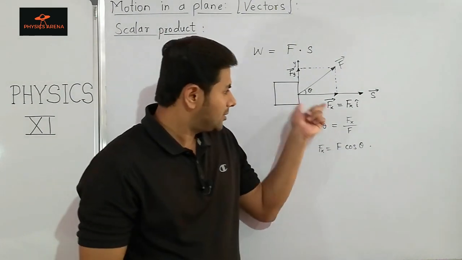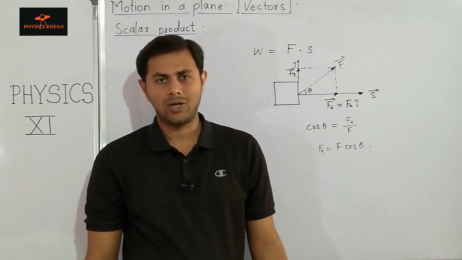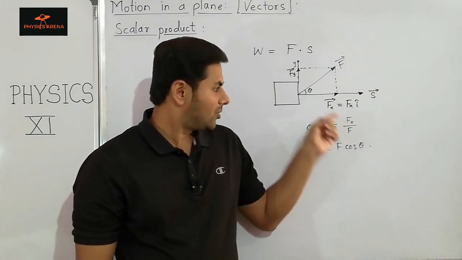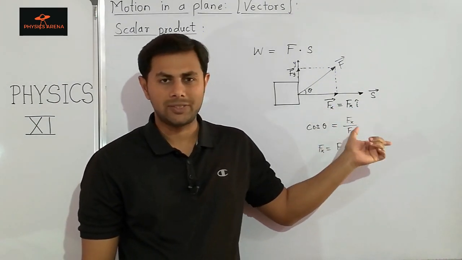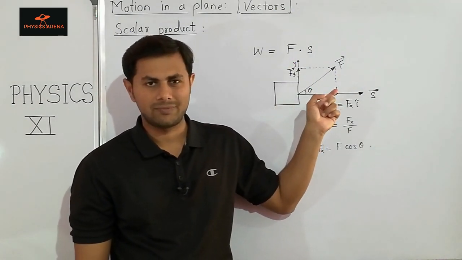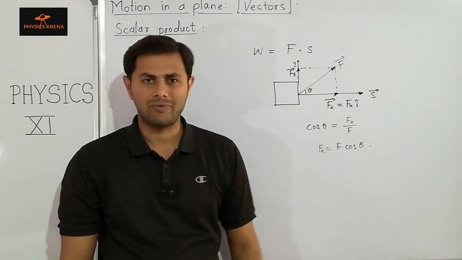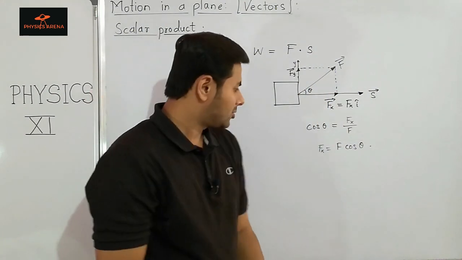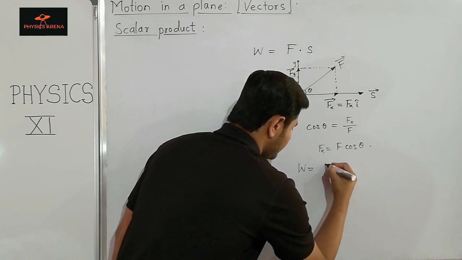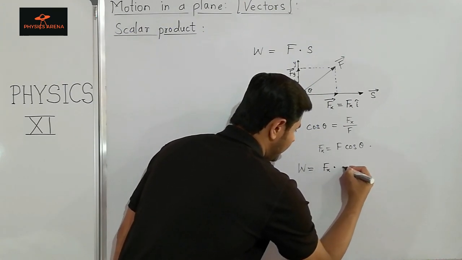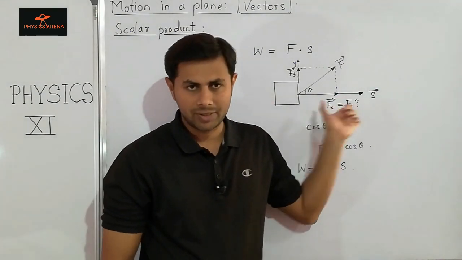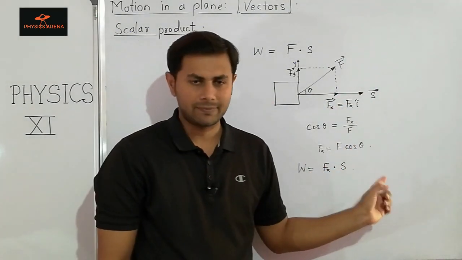Now since the displacement is along this x component of force only, I can say that only the x component of force is doing some work, and no work is done by the y component because there is no displacement along the y-axis. So the work done can be written as Fx multiplied by s only, because the force acting in the direction of displacement is only Fx.